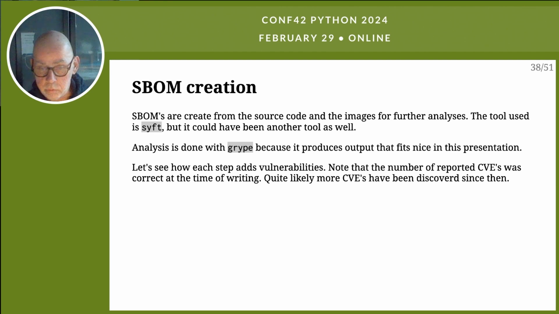All the numbers shown are valid at the time of writing of this presentation; quite likely since then new CVEs have been discovered, and the results probably will be worse over time. And that's one of the reasons why you might want to keep an SBOM file at hand, so you can re-evaluate it over time and see if you need to fix your code.